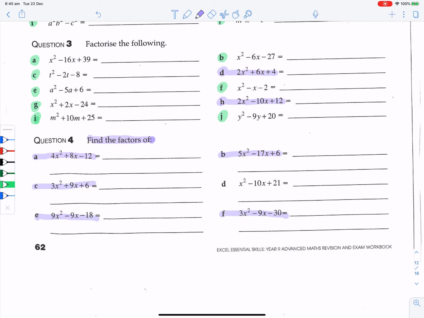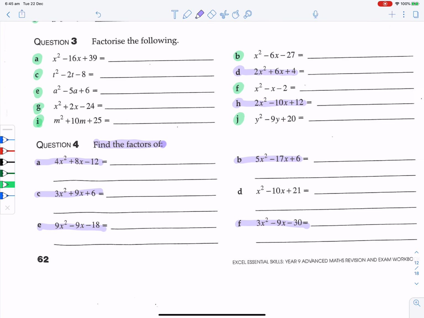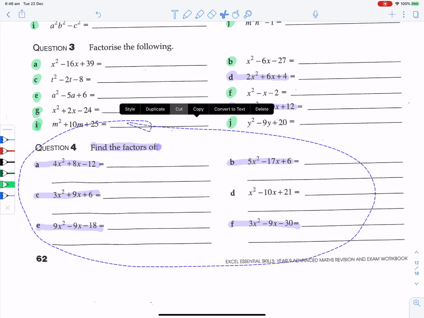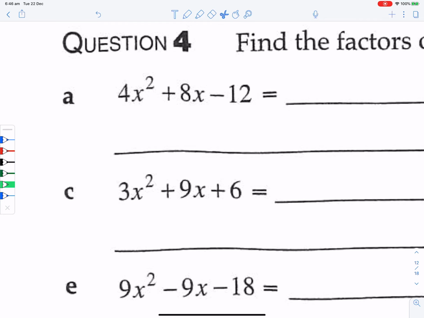Now, question 4, if you look at the ones I've highlighted so far, they're all non-monic quadratic trinomials. However, I do want you to be very, very careful here. And let me show you why. If you look at this question carefully, question 4a, you need to remember that with the factorizing chapter, your aim is to get all the factors.